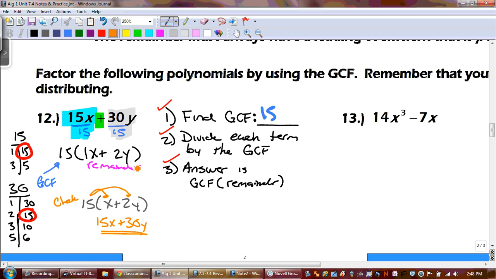That's what you should have gotten. So your final answer is 15 parentheses 1x plus 2y. Now, the key thing is we started with the binomial. So that tells me that when I divide, my remainder will be a binomial. That still stays there.